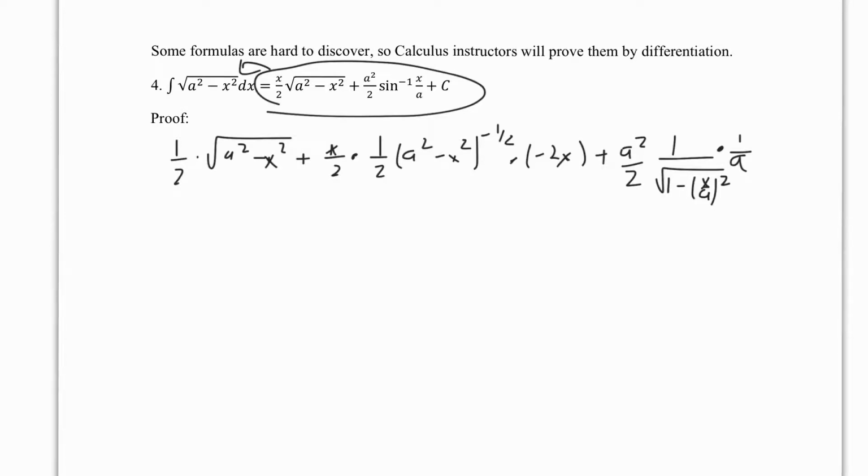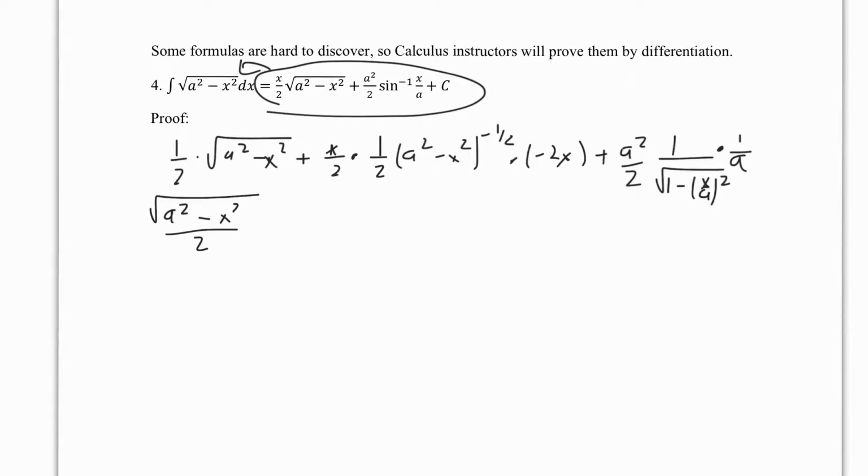All right, well, now we need to simplify and combine this, and apparently this whole thing should be root a squared minus x squared. Well, let's see what we can get. The front will be root a squared minus x squared over 2. Next up, one of these 2's will cancel with one of these 2's, and the x will make an x squared.